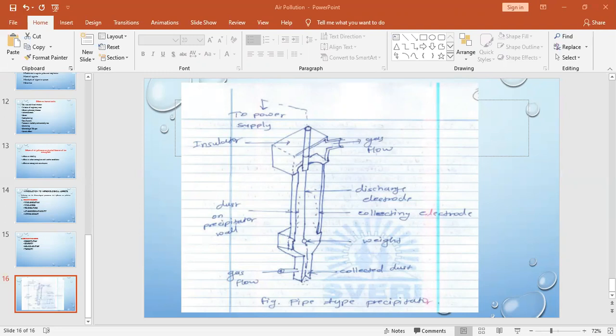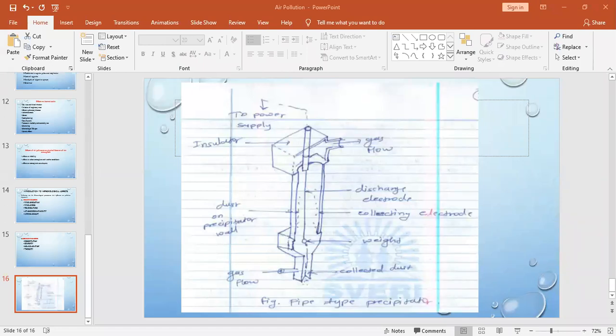Then this gas ionization is nothing but the dissociation of gas molecules into free ions. And what is present over here? The dust particles.